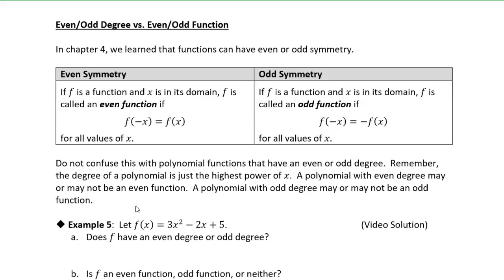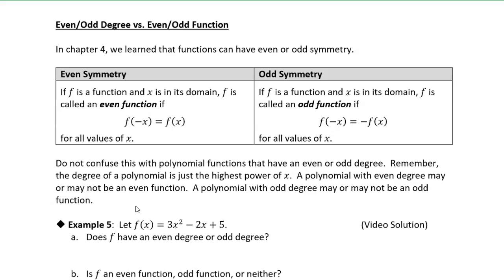So be careful, because we just talked about the degree of a polynomial. Now, the degree of a polynomial can also be odd or even, and that's not the same thing as even symmetry, odd symmetry, even function, odd function.